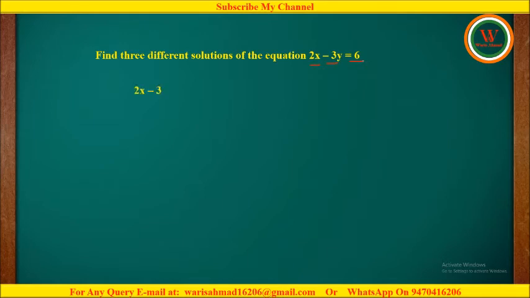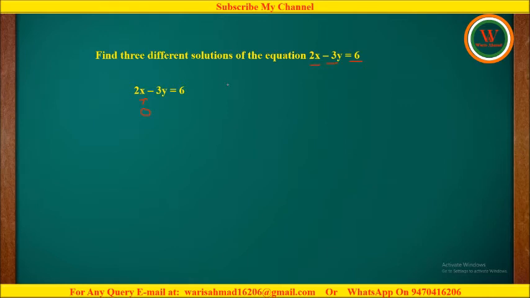First of all we will copy the equation 2x minus 3y is equal to 6. After that we have to put in any value of x. Suppose we put the value of x is equal to 0. If we put x is equal to 0, then the value of y will be equal to minus 2. Let us see.